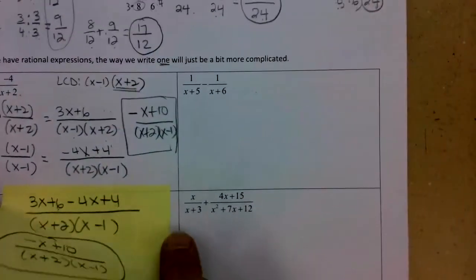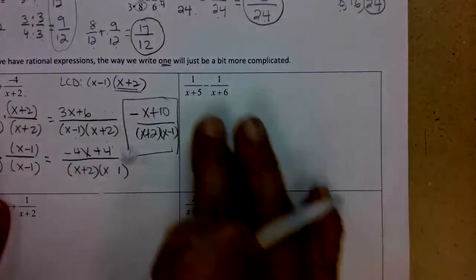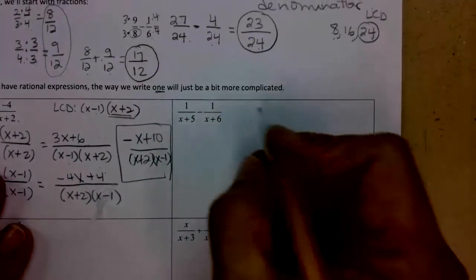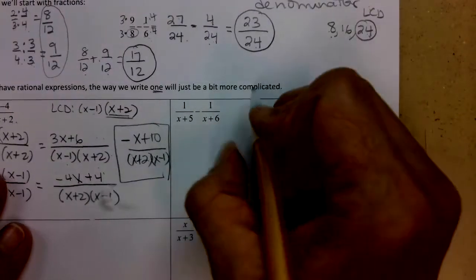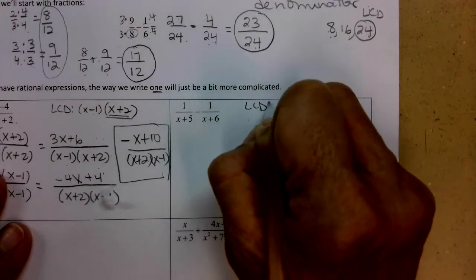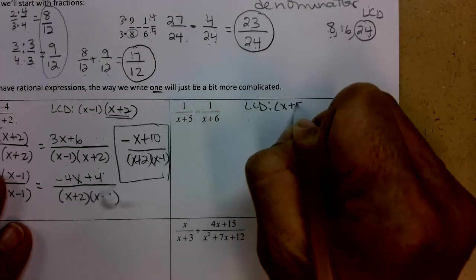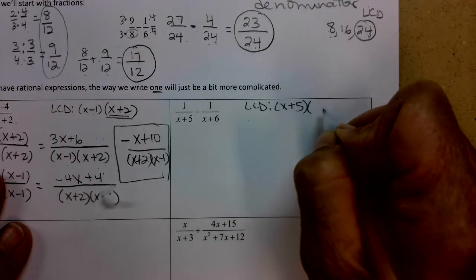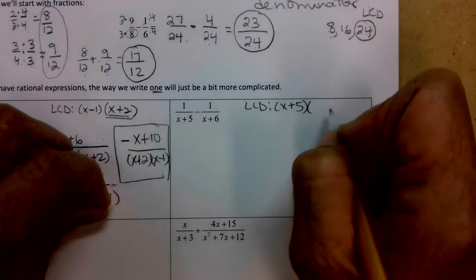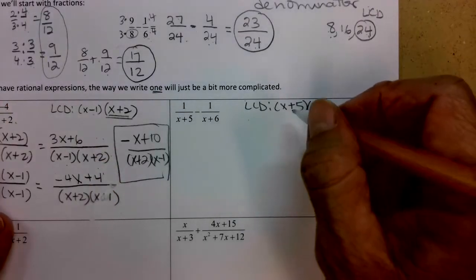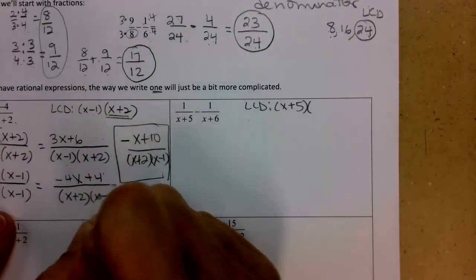Okay, let's do the next one. So, lowest common denominator. Again, when nothing is like a quadratic that we're going to need to factor, the common denominator is usually just both pieces. So you just need to grab both pieces.